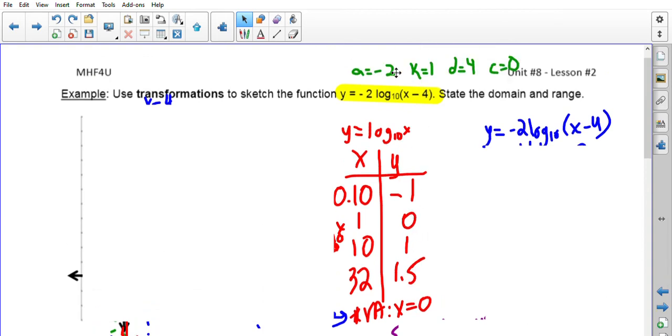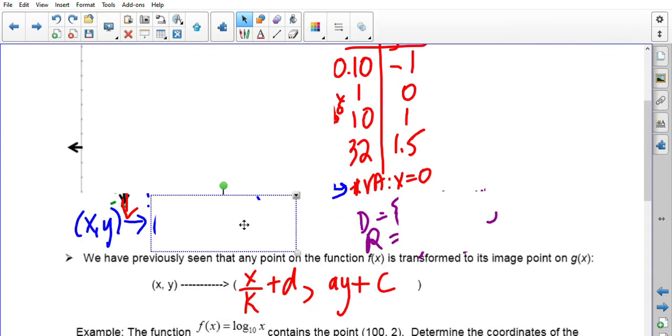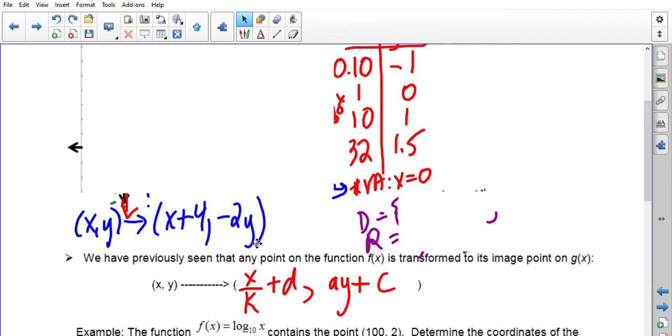So using these transformations, what is the mapping statement going to be? So really we just care about the a equals negative 2 and the d equals 4. So our mapping statement will be (x, y) becomes (x + 4, −2y). This would just be divided by k, which is 1, and this would be plus 0 for the c. So that's as simplified as it's going to get.